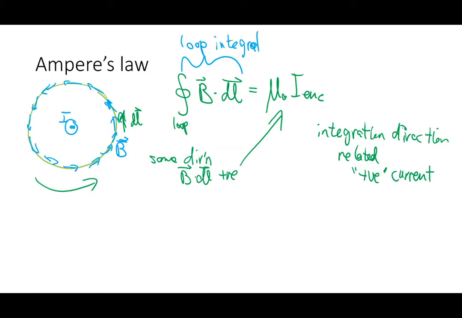They have to correspond to one another. So in this case, if we're going through the loop counterclockwise, then the current that's coming out of the page, we expect to call that positive.